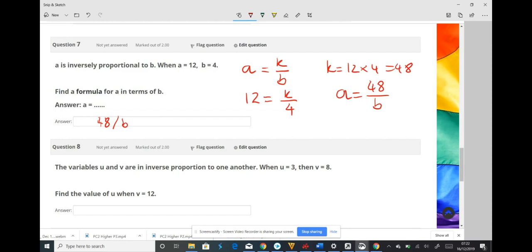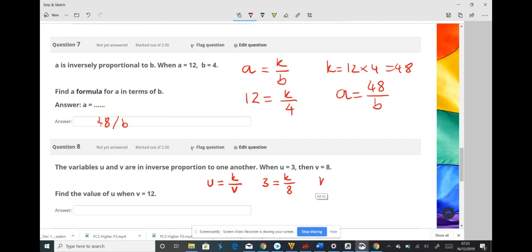In question number 8, we've got the variables u and v are in inverse proportion to one another. So we can write u is equal to k over v. When u is equal to 3, then v is equal to 8, so 3 is equal to k over 8.